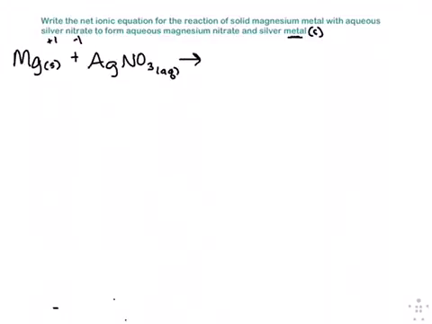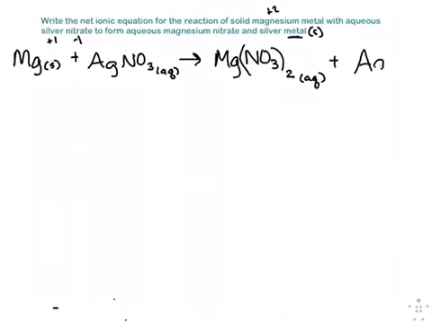And then we make magnesium nitrate. What do I need to do here? NO3 needs a subscript 2 because magnesium is a +2. And that is an aqueous solution. And then we make a silver metal.